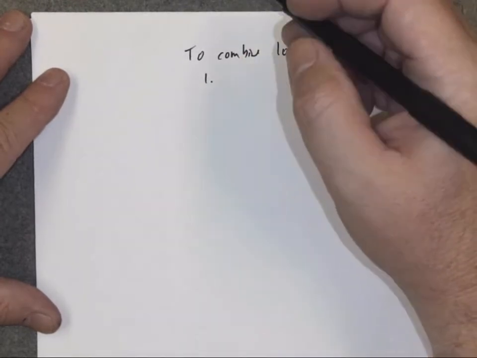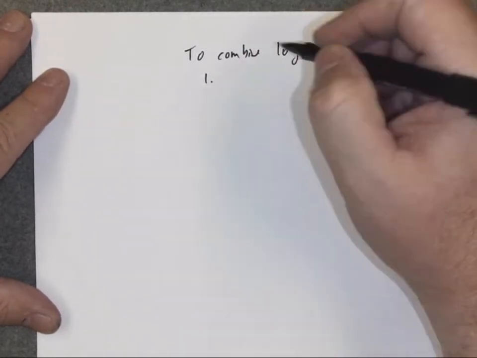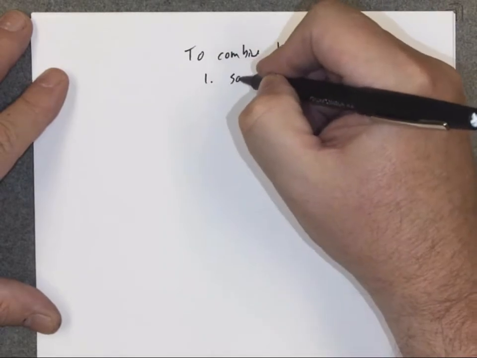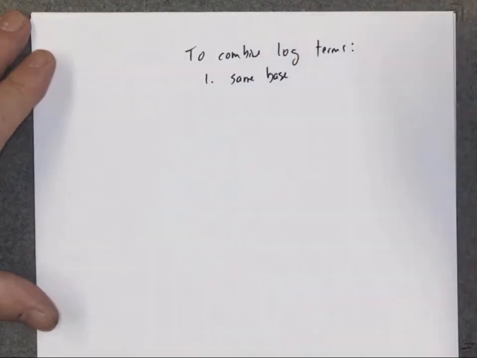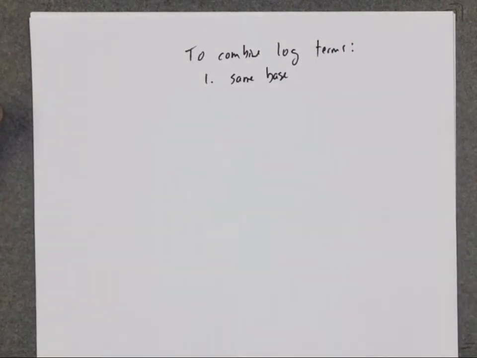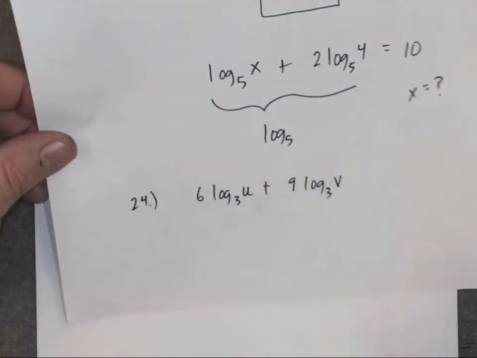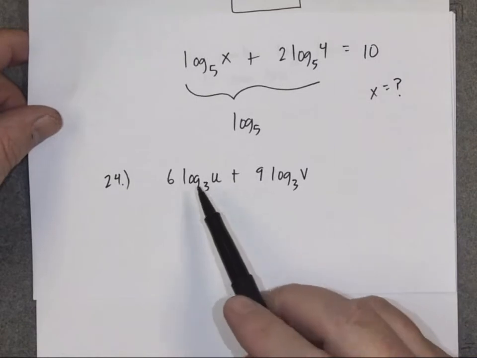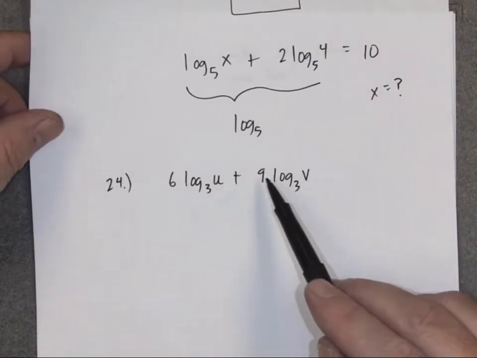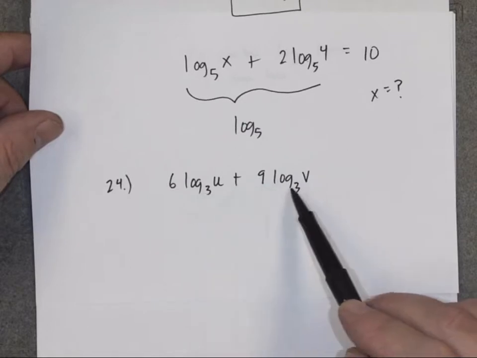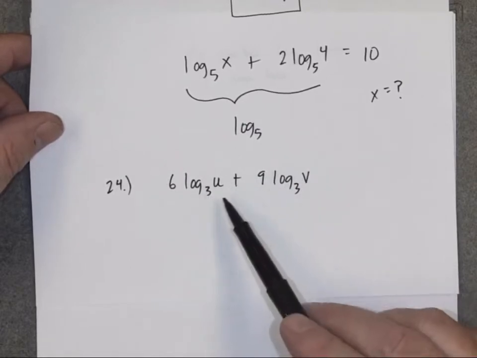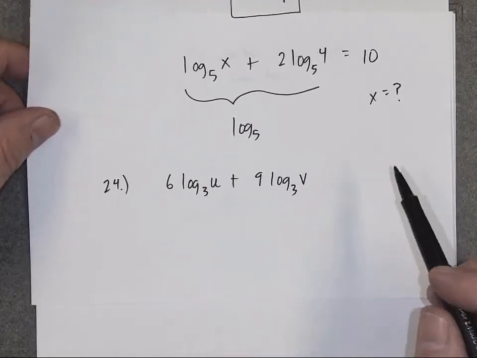Now the first condition is almost always met, because I think every problem they give you, this will be true, but we need to go and say it. To combine log terms, first, all the log terms have to have the same base. For instance, in this example, 6 times log base 3 of u, 9 times log base 3 of v. Notice here, the two log terms have the same base.